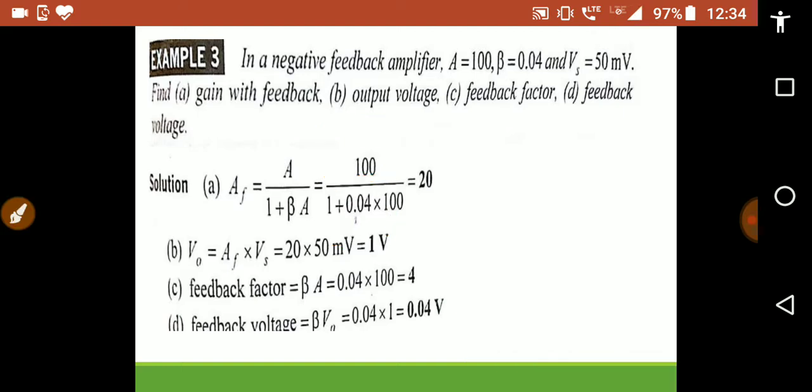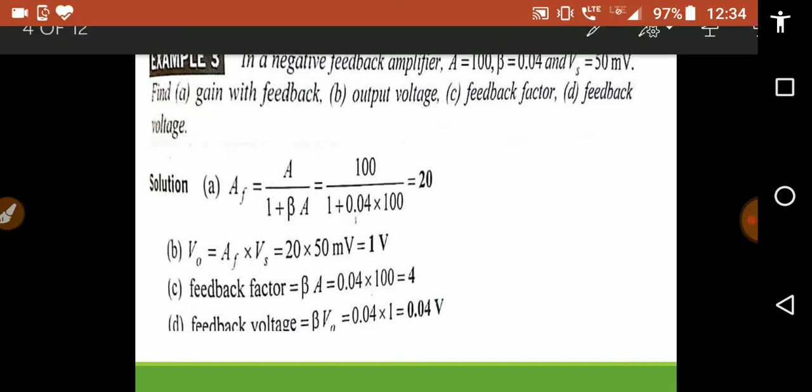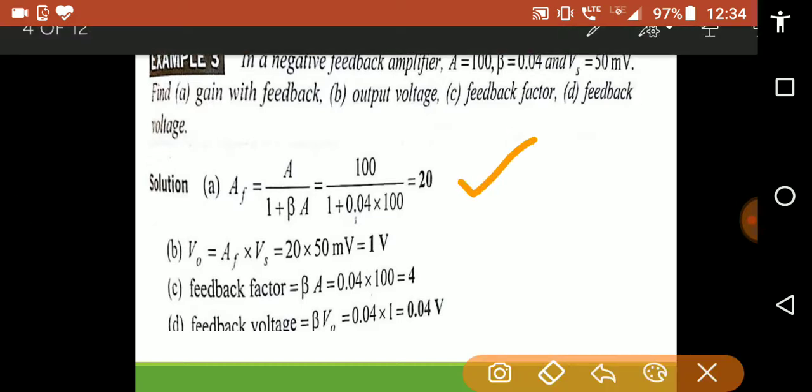So AF equal to 100 divided by 1 plus 0.04 into 100, which means the value of AF is 20. Next we have to find the output voltage.